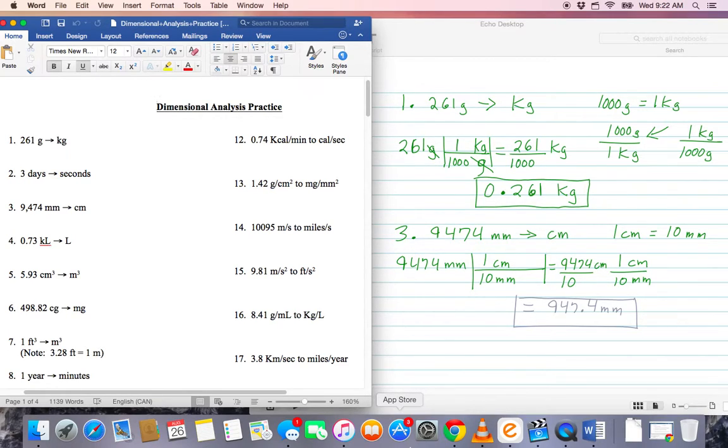The unit that we're left with is centimeters, and that is going to equal 947.4 centimeters. Notice I have my units and I have my number to the proper number of decimal places and the proper number of significant figures.